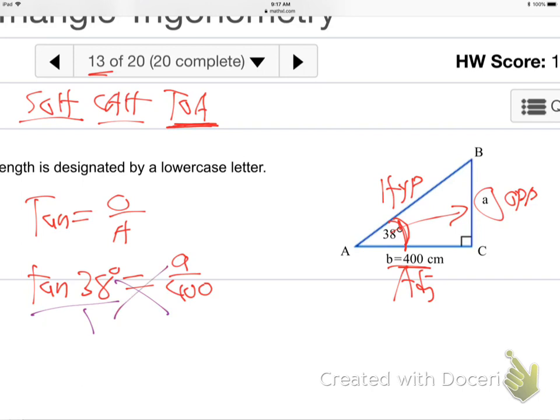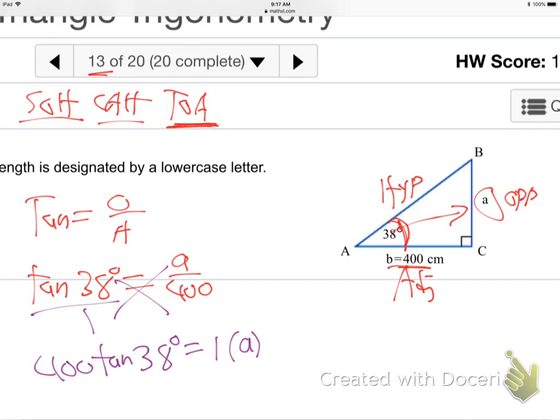Have you seen that before? I can't remember if we did that last time or not. Cross multiply, diagonal, diagonal. So then you get 400 tangent 38 is 1 times a, which is just a. We good so far? This is what you do when you have a fraction on one side, whole number on the other: put it over 1, make it look like a fraction, cross multiply.